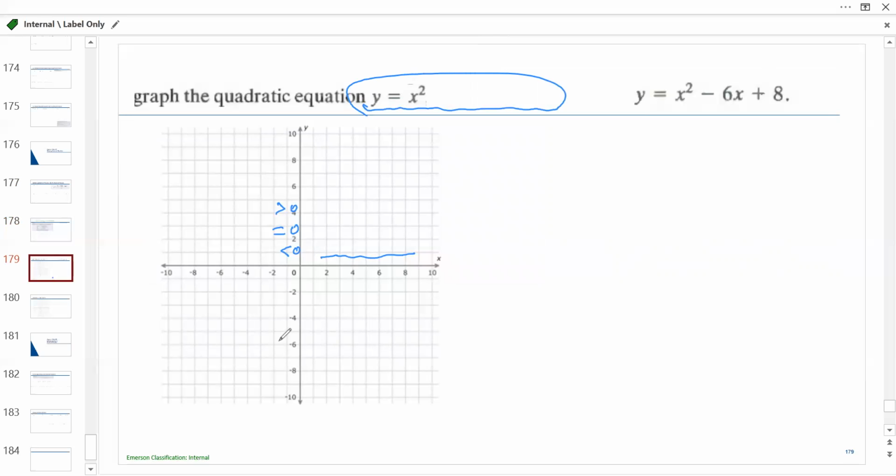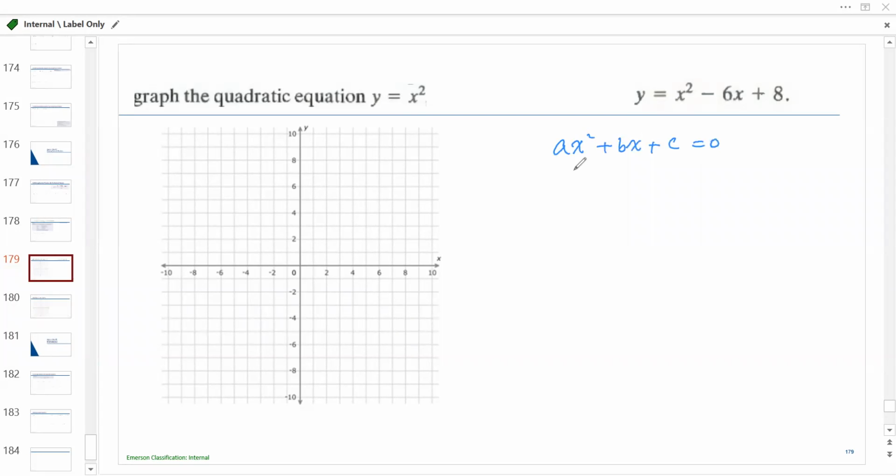Okay, so just like we said, we want to go a little bit further. We're trying to solve ax squared plus bx plus c equals 0, right? So right now we extend a little further.